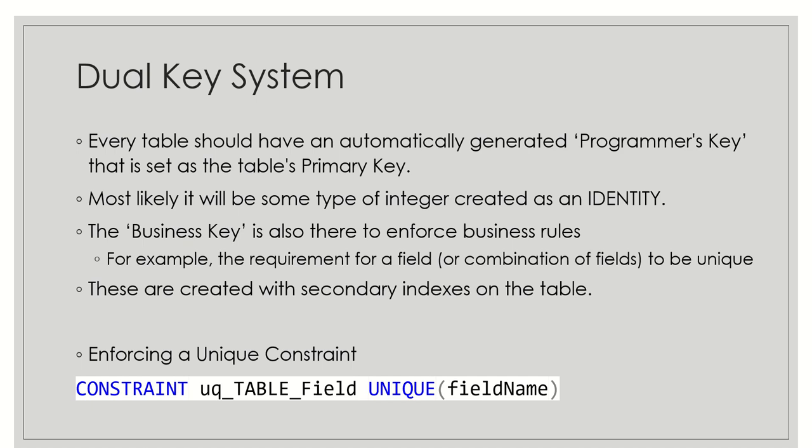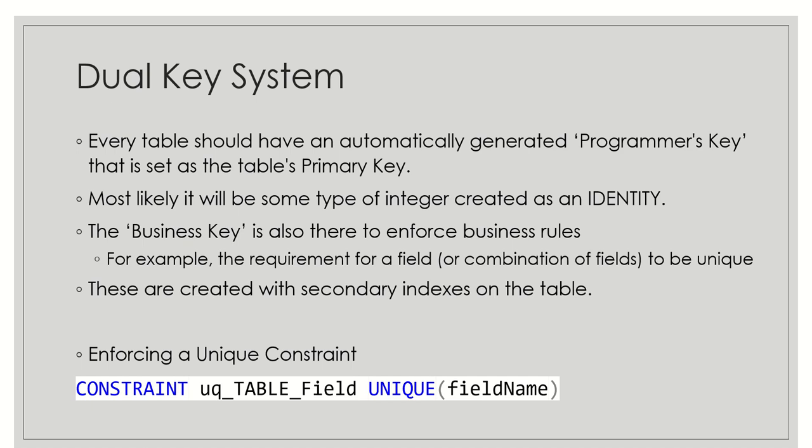Because, if you're employee 7 and the 7 doesn't carry a meaning to you, then there's no reason to ever change you to become employee 8. And so therefore, we don't ever need to change that. So that's great for a programmer's key, but it also isn't great for uniquely identifying an employee. That is, you can't tell by saying, who's employee 7? There's no rhyme or reason to who it may or may not be.